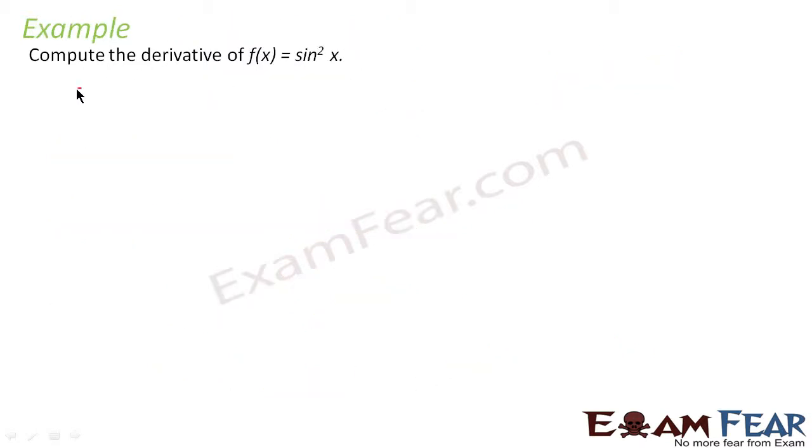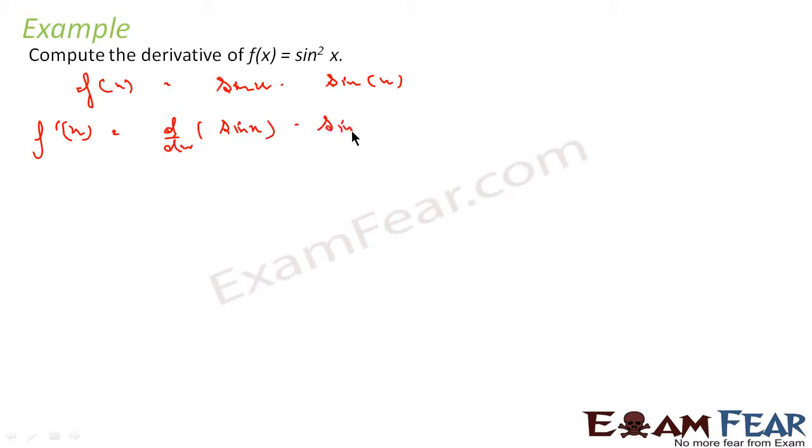Let's solve this example. f of x is equal to sin x square. So we can say that f of x is nothing but sin x into sin x. Correct? We can use the principle of multiplication. So this becomes f dash x is nothing but d by dx of sin x into sin x plus sin x into d by dx of sin x.